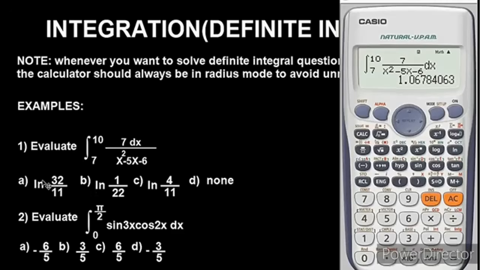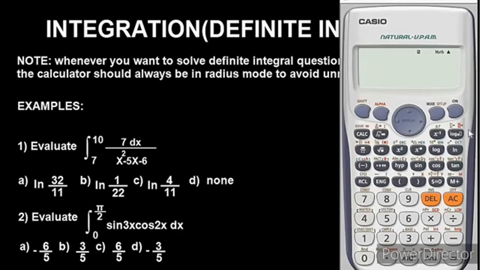So let's check the options. The options are not in decimal places as we have here. So we have to evaluate each and every one of the options we have here to put them in decimal places in order to know the right option. So right now, let's start with option A. So it says 32 over 11.